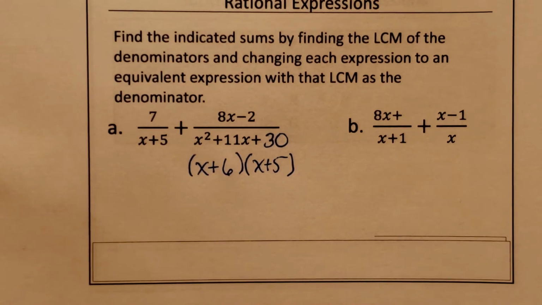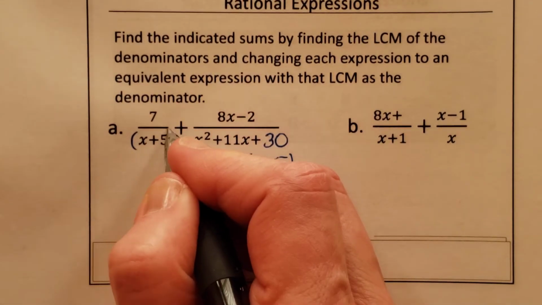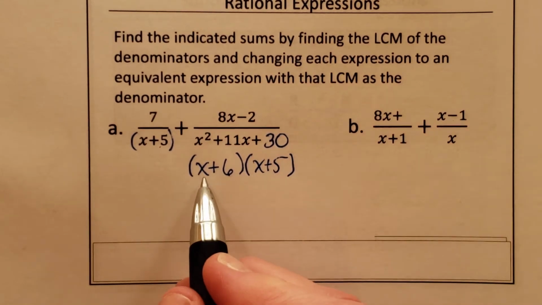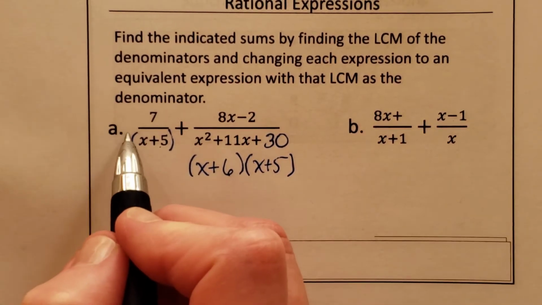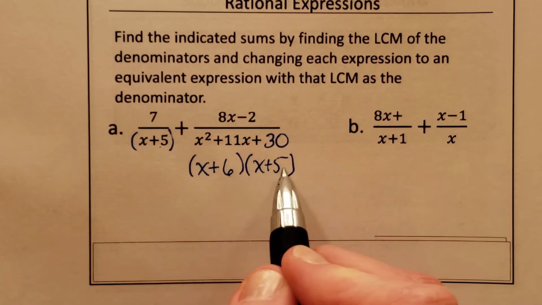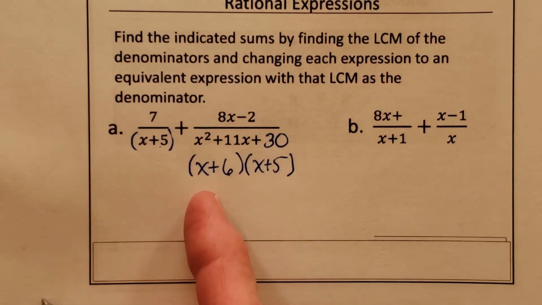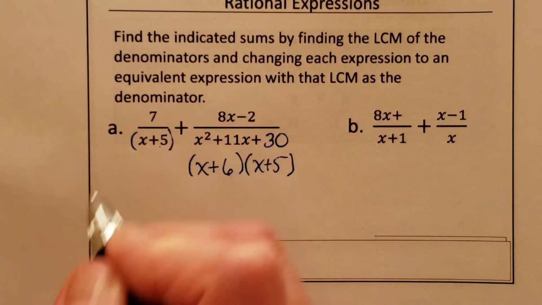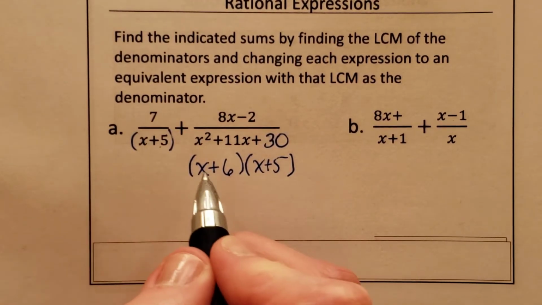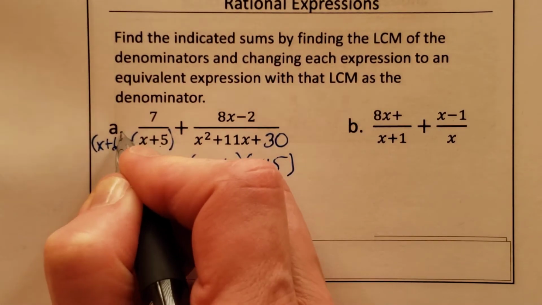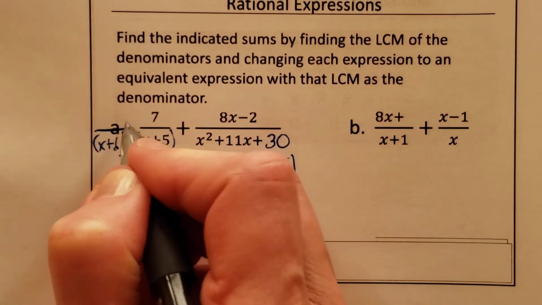So I have this part of this. What do I need to multiply this by to get both of these binomials? I'm missing the x plus 6. So I'm going to multiply this by x plus 6, and whatever you do to the bottom, you have to do to the top.